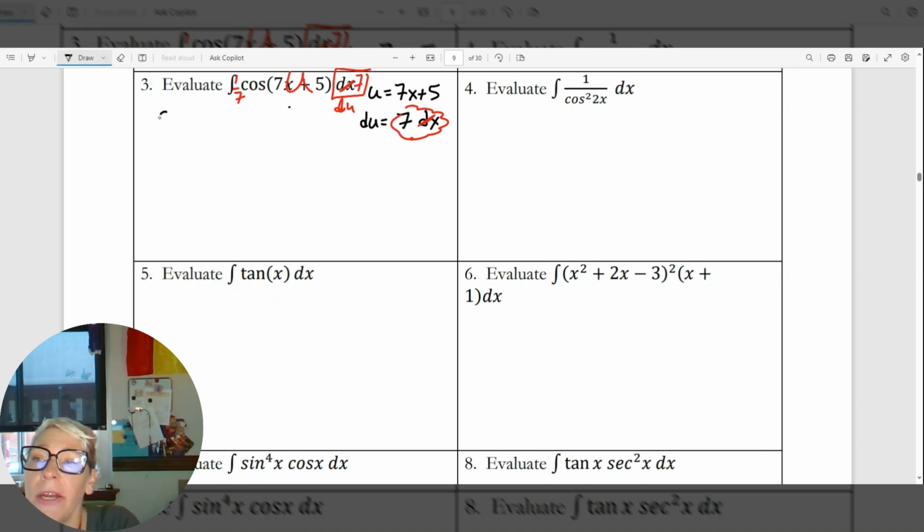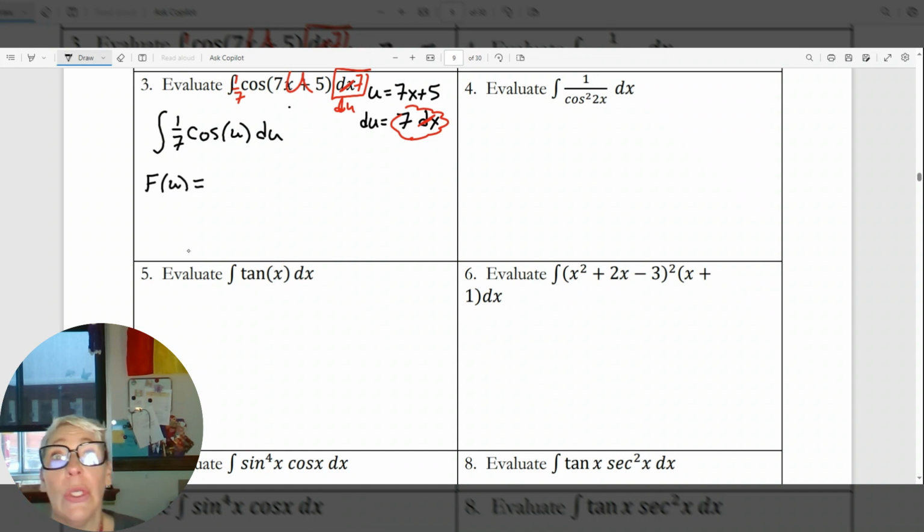Okay, so what does my original problem look like when it's only got u and du? It looks like 1/7, the cosine of u, and then that 7 dx is my du. I'm now going to find the antiderivative in terms of u.